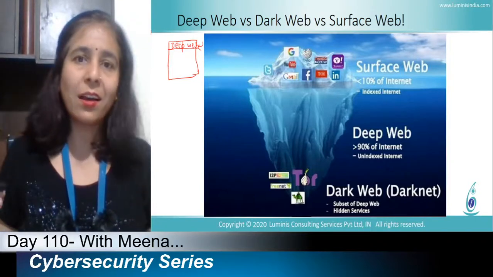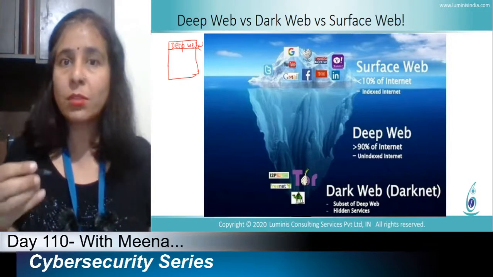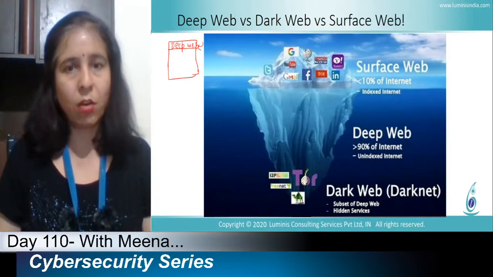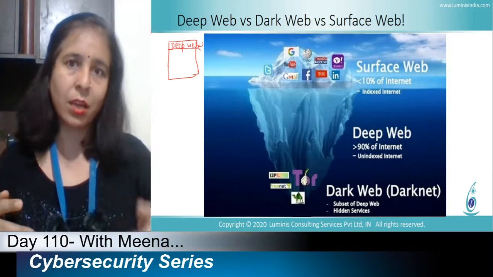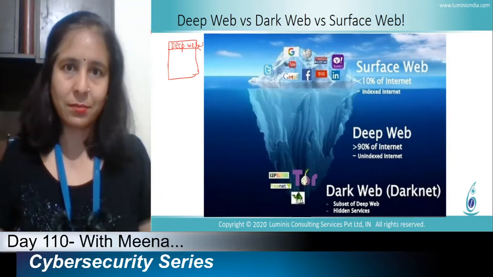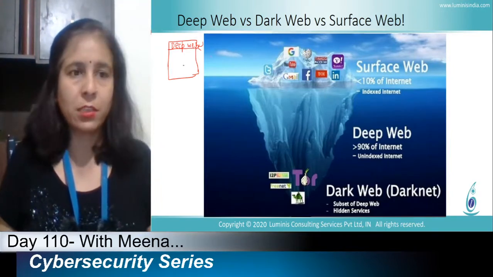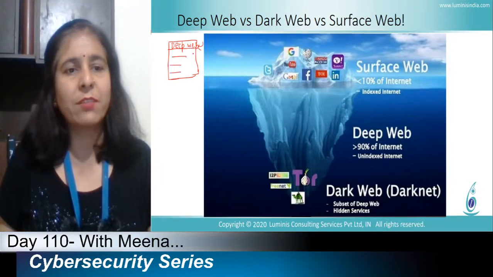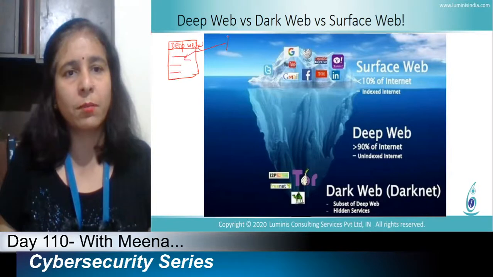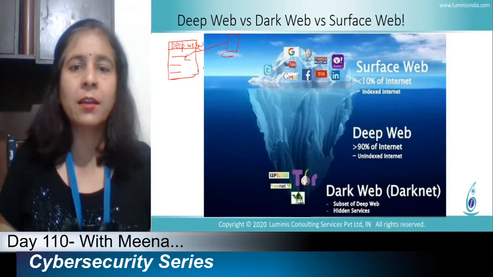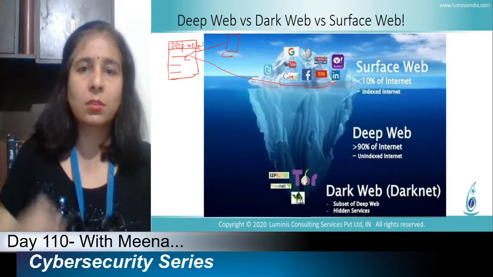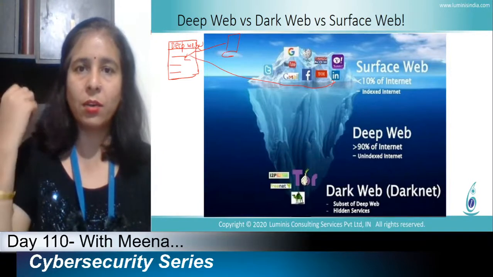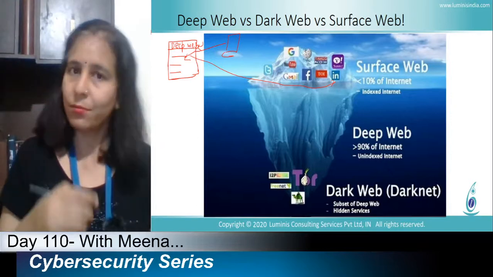How does it get this? Because that information is on the upper layer of the internet and is already indexed, and as per the records in the index, it offers it to us. We get a number of links, and when we click on a specific link, we land on that particular location. So for example, you find a link that was on LinkedIn, you go to that website and read that information.